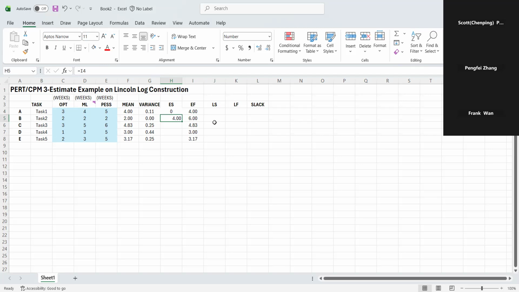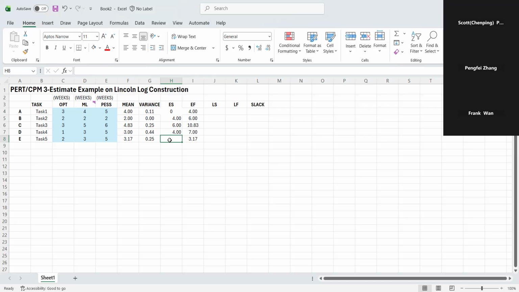Now, C is right after B. So early start time of activity C is earliest finish time of its predecessor, which is B. And D is after A. So D's earliest start time is the earliest finish time of A. And E is after B and D.